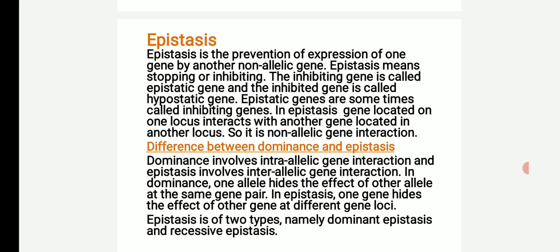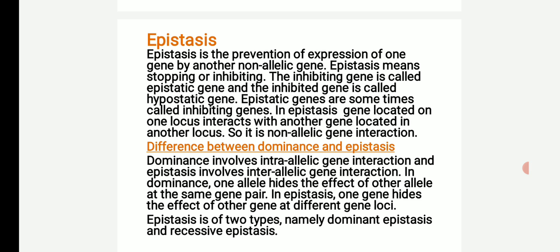Epistatic genes are sometimes called inhibiting genes. In epistasis, a gene located on one locus interacts with another gene located in another locus. So it is a non-allelic gene interaction.